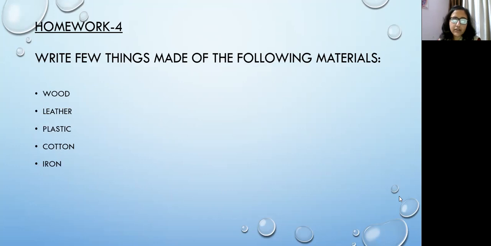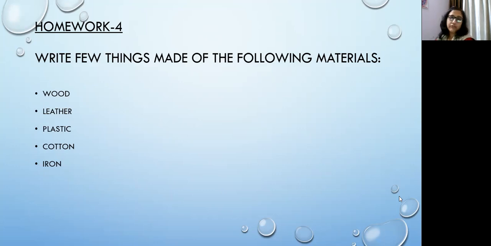Okay, this is the next homework, question number 4. Now here the question is, write few things made of the following materials.